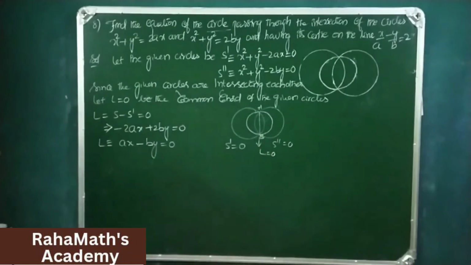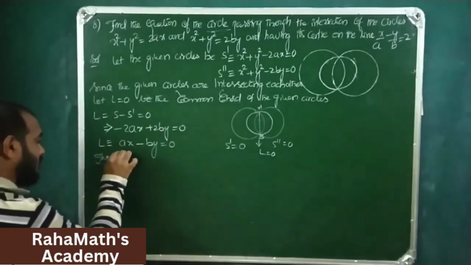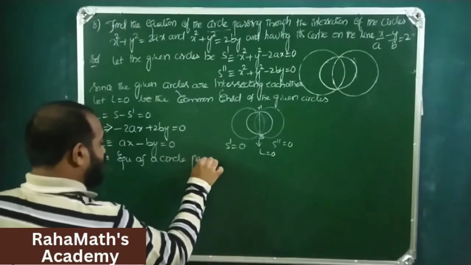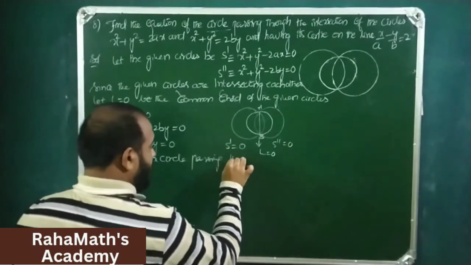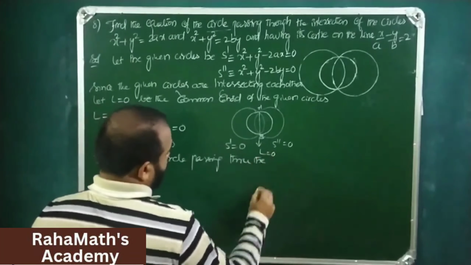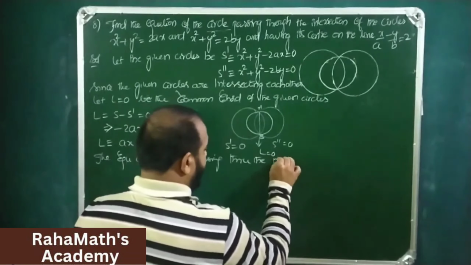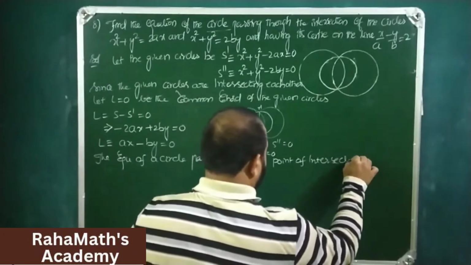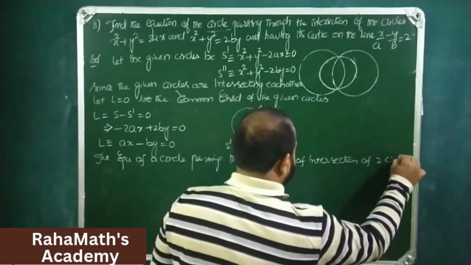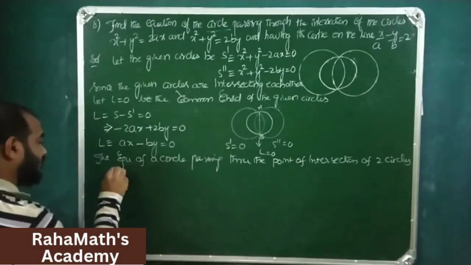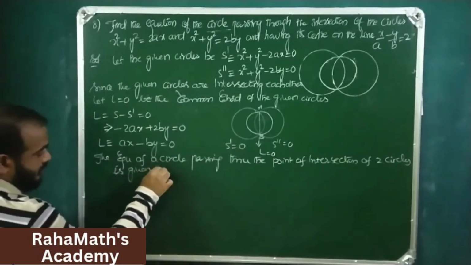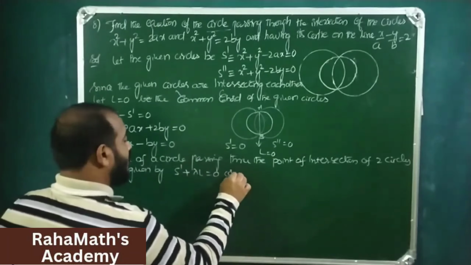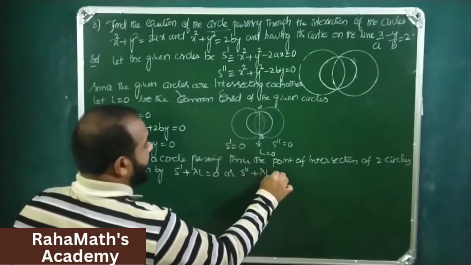So first of all, the equation of a circle passing through the point of intersection of two circles is given by S dash plus lambda L equals 0, or S double dash plus lambda L equals 0.